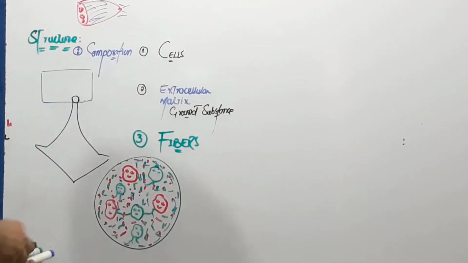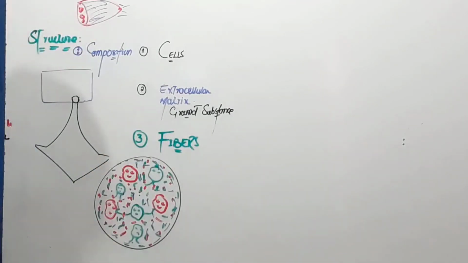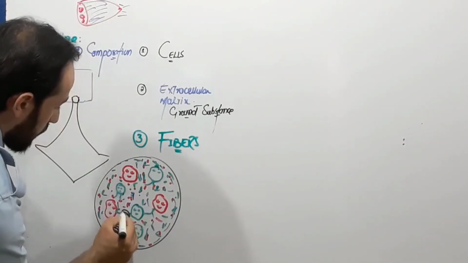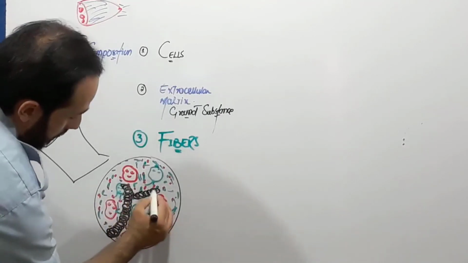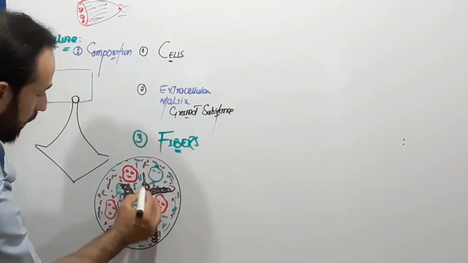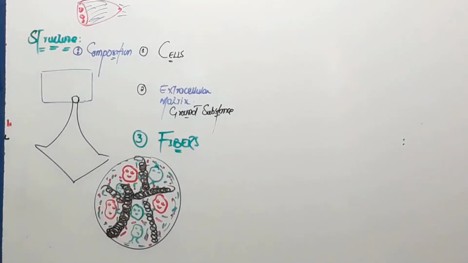The next important thing that is present in the connective tissue is the fibers. So you will see different types of fibers. And what are those fibers? There may be some thick fibers present in the connective tissue. These thick fibers are very hard fibers, and they provide structural integrity to the tissue.